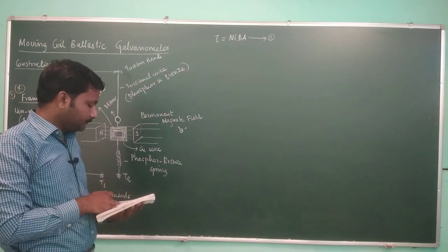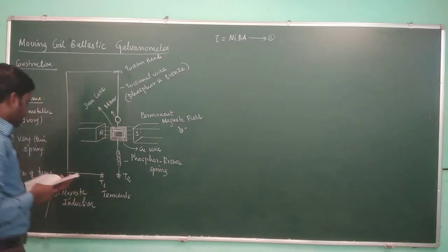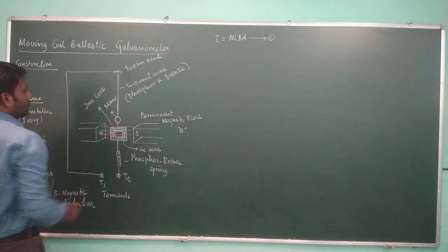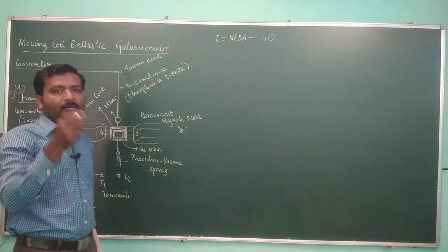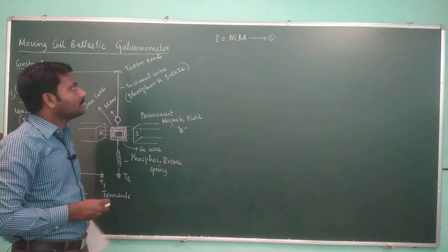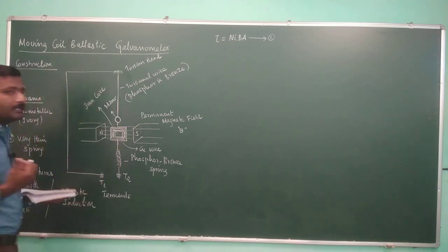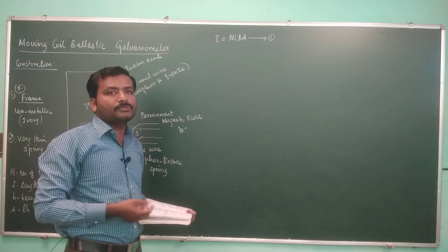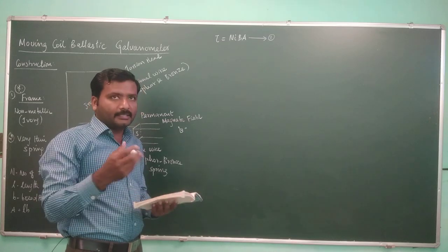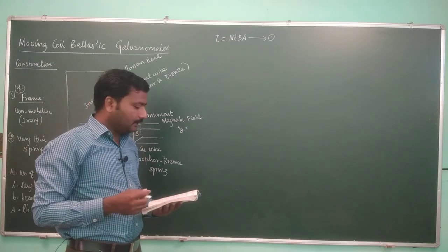And if this current is not a steady current, we pass the current for a momentary time, for a small interval of time dt, and then we withdraw the current. In the moving coil galvanometer, a steady state current is used, while here the current is applied for a fraction of time.